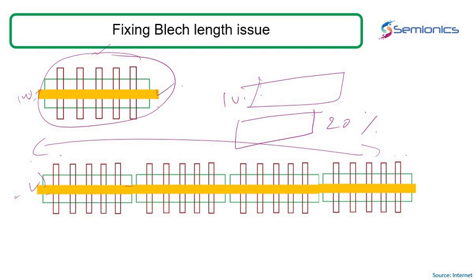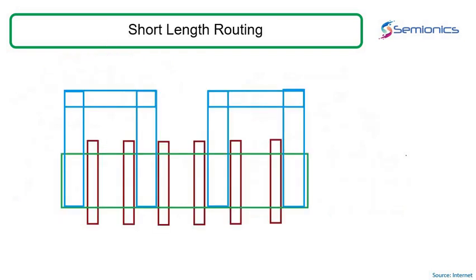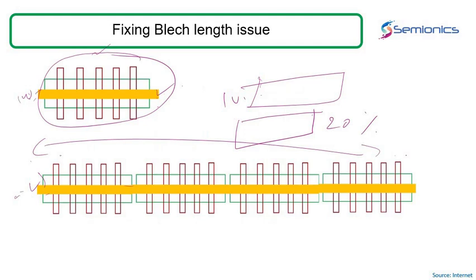Okay. So there is an alternative way of tackling this problem. What you tend to do is go with something called short length routing. Say if this is a device you have to connect, rather than making a continuous connection of alternating source and drain connections like this with a single piece of metal, you change the style of routing.